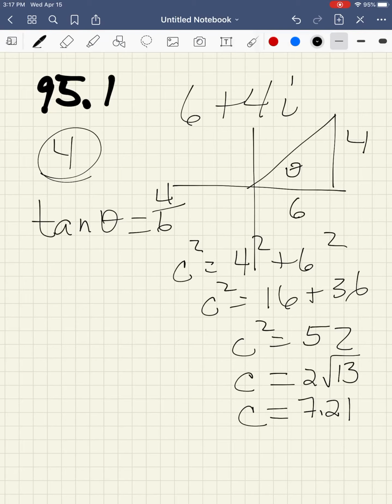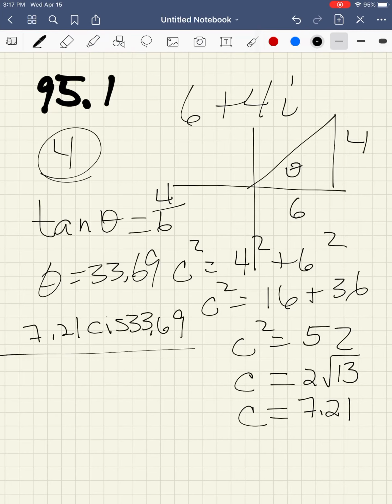So I get 33.69 for theta. Now that's just the first angle. That's not the 4 fourth roots. So the way we would write it is 7.21 cis 33.69. That's the original.